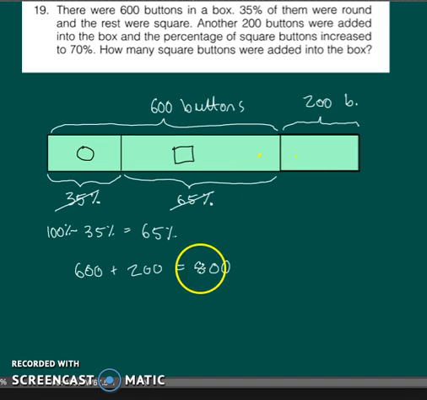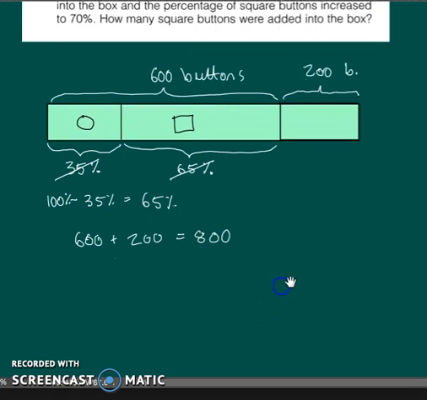And we know that 70% of the buttons are square. So let's find out how many buttons that actually is. So I take 70% and I multiply that by 800. I can also think about this in terms of fractions.